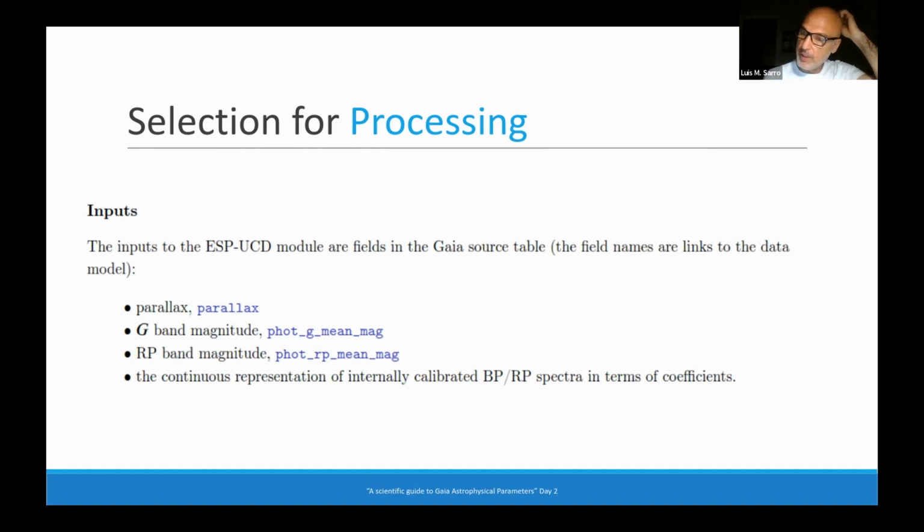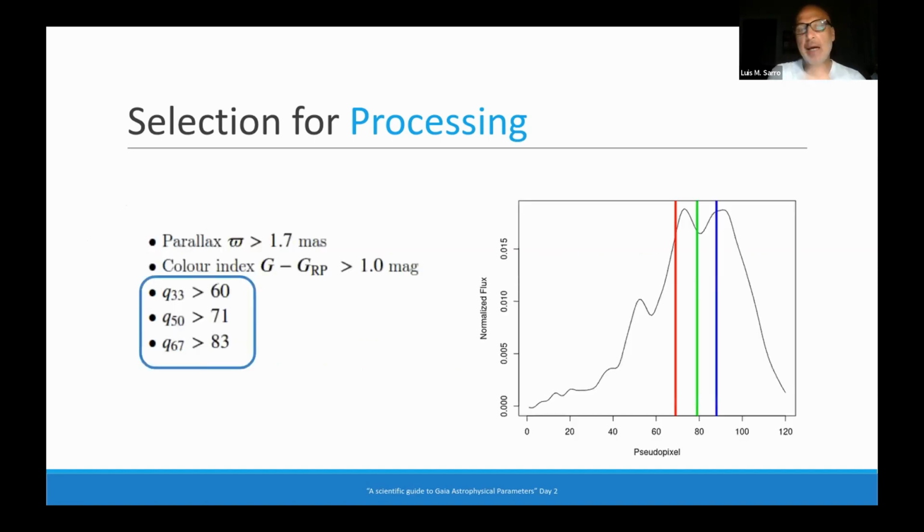As you know, the Gaia spectra, in particular the RP spectra, come as coefficients of the decomposition of the spectrum in a given orthonormal basis. So we use this representation, these 51 coefficients, to reconstruct the RP spectrum, and we imposed these criteria here, which I will explain.